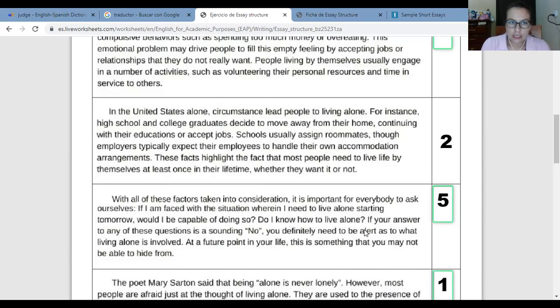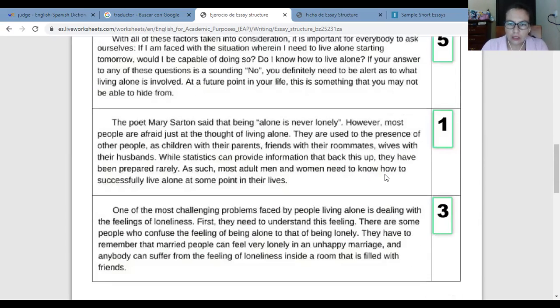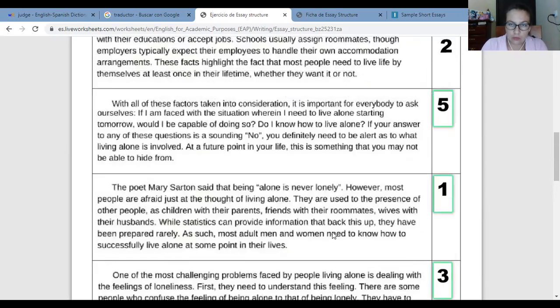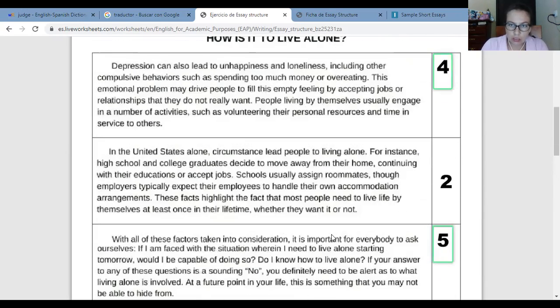In the second paragraph we have here, we present the first problem, give an example. We have here, for instance, on the number 3, we have another problem and we have reasons, okay? Well, very good. And in the 4, we have here another depression can be lead, okay?